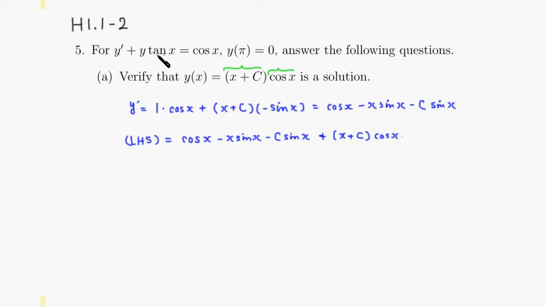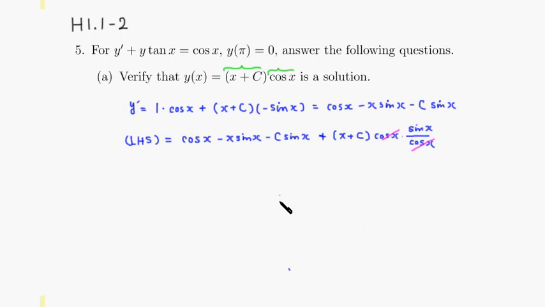I'm going to write tangent as sine of x over cosine of x, because it's equivalent. Then you notice that you have a cosine upstairs and a cosine downstairs, so you can cancel those.